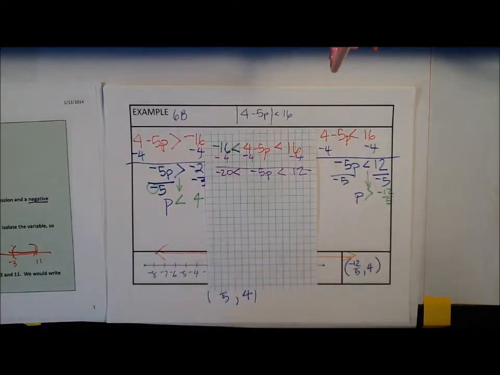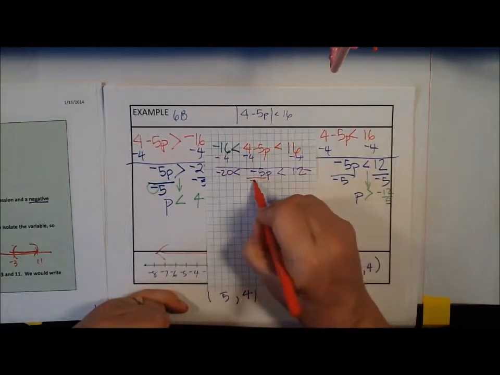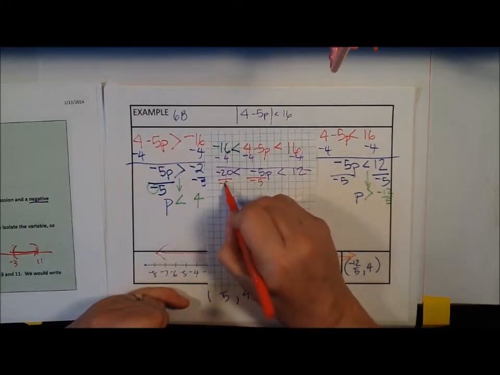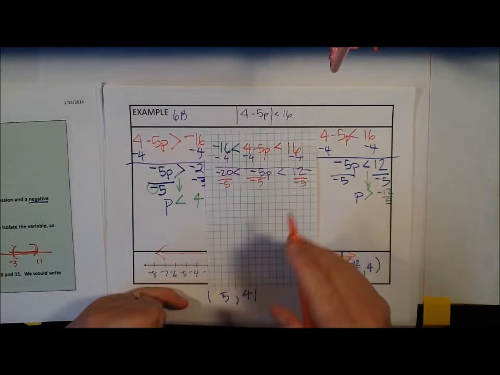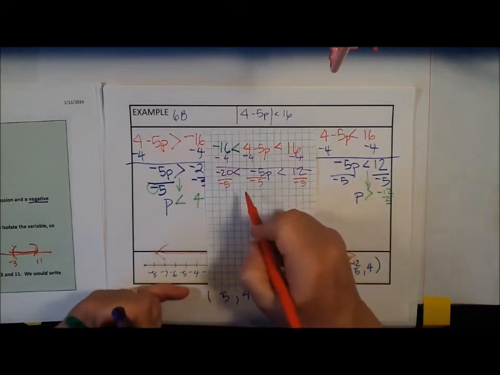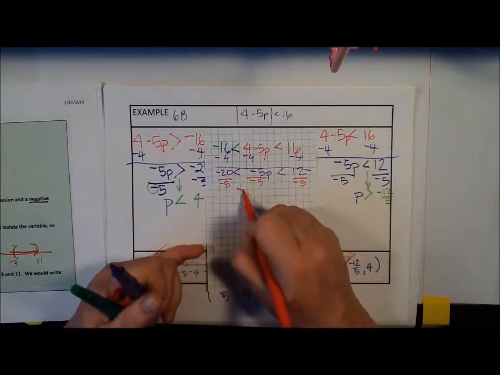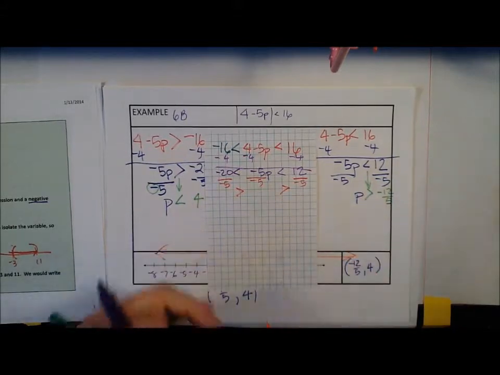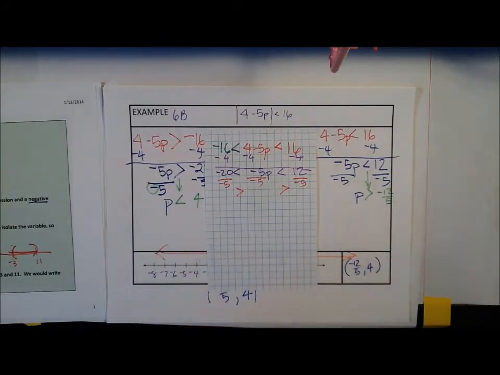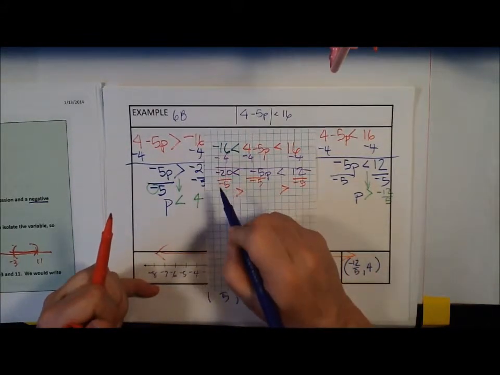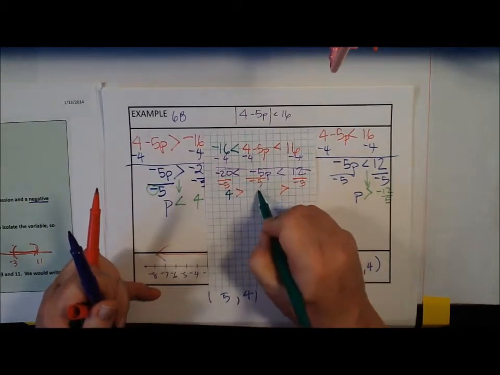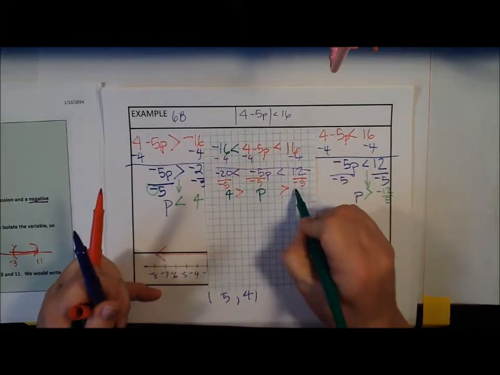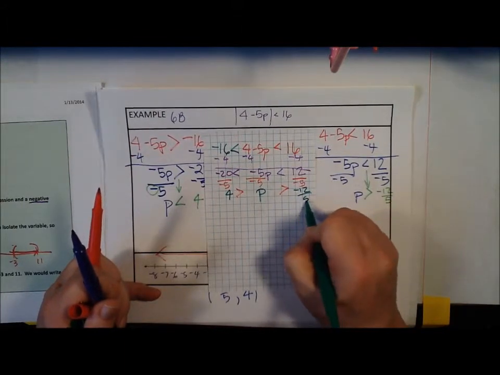Now I need to divide by a negative. Sometimes before I do any math, because I don't want to forget this, because I divided by a negative, I have to flip the symbols. So now I'm going to end up with 4 and p and negative 12/5.